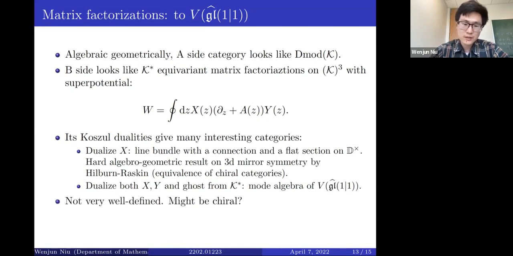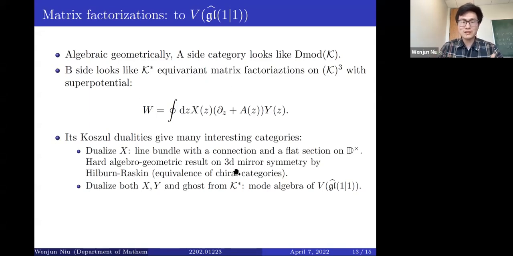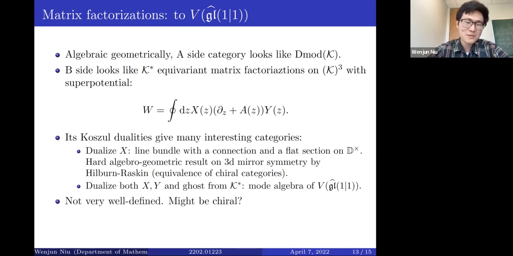Right. So to me, I felt like this category is a very useful one because it connects all the different approaches of this 3D mirror symmetry. The problem is that this is not a well-defined category, because taking K star equivariance is not a very well-defined action.